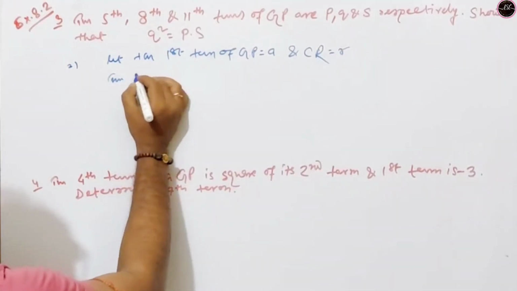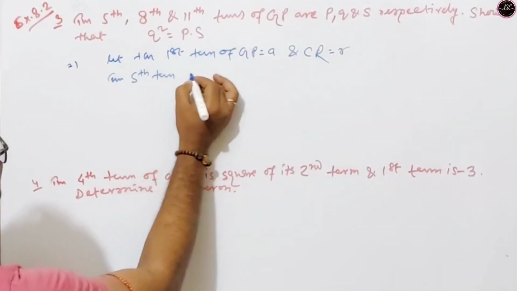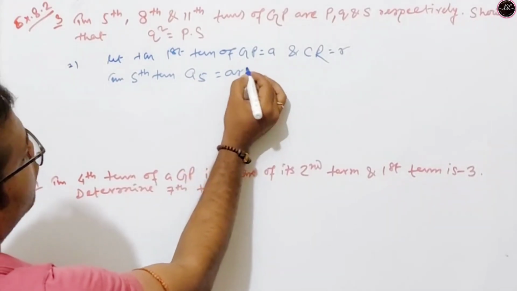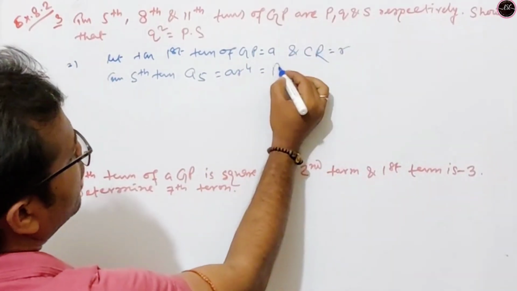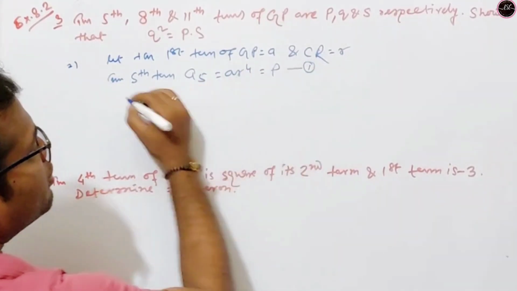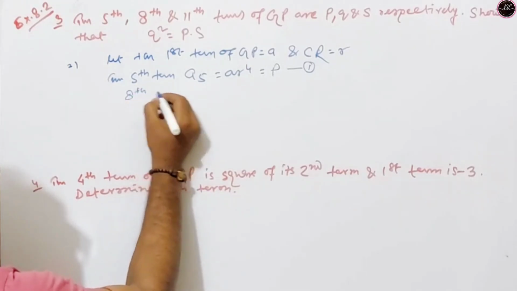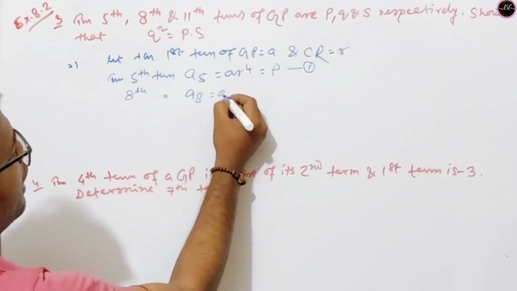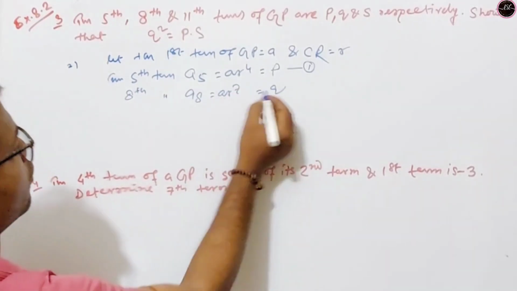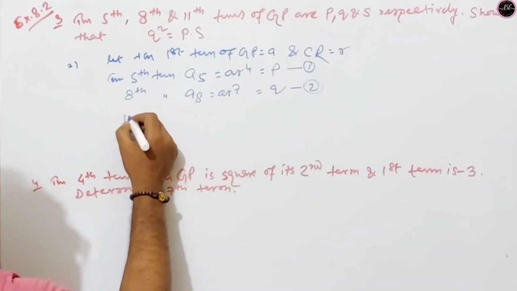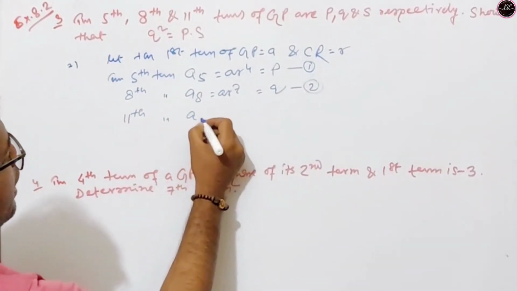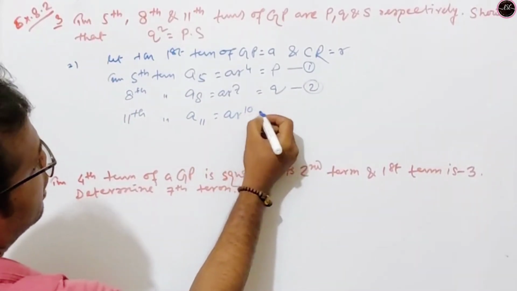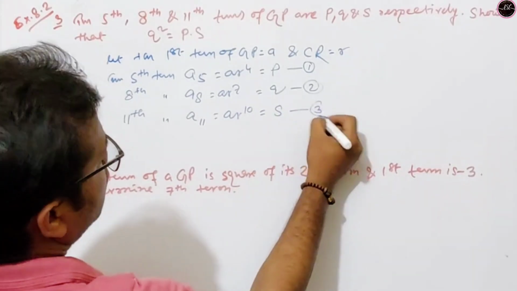Then the 5th term A5 equals A r to the power 4 equals P. This is equation number 1. The 8th term A8 equals A r to the power 7, that means Q. This is equation number 2. And the 11th term A11, that means A r to the power 10 equals S. This is equation number 3.